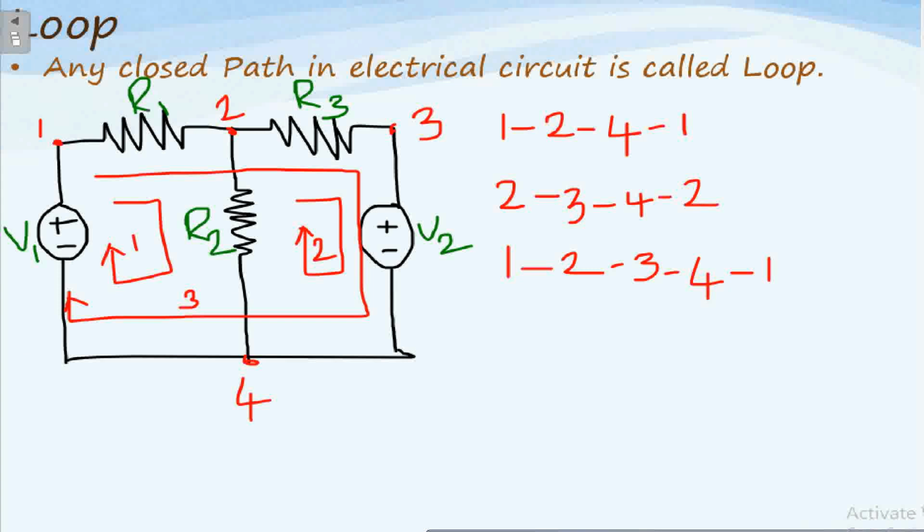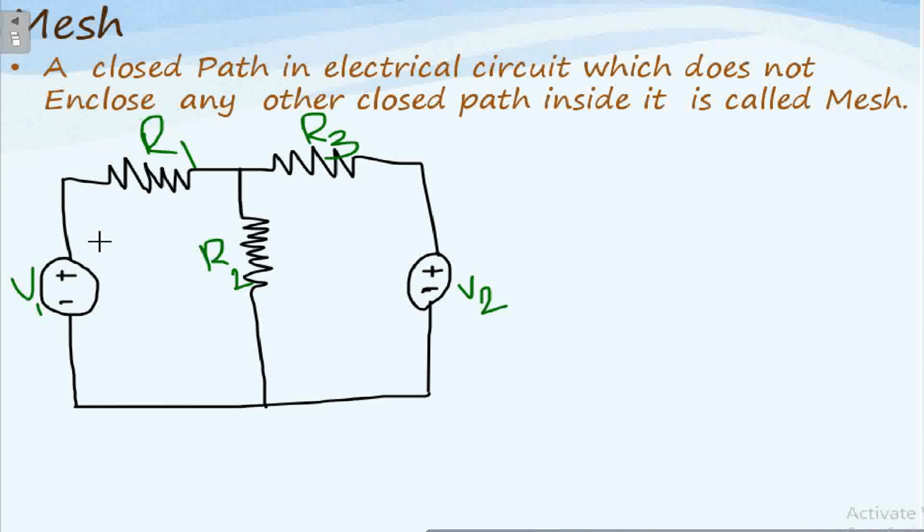Lastly we'll see about mesh. A mesh is also a closed path in a circuit which does not enclose any other closed path inside it. So for understanding this mesh, let us again note down nodes.